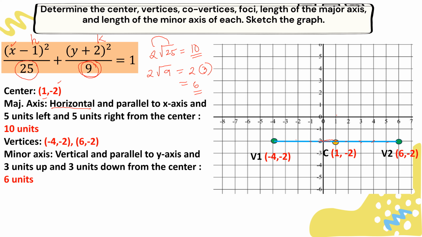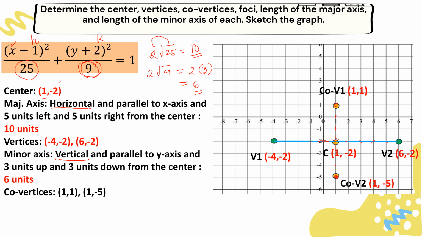Our minor axis is vertical, meaning going up and going down 3 units from the center, 1, 2, 3, and 1, 2, 3. These are the co-vertices: 1 and 1, and the other co-vertex is 1, negative 5.